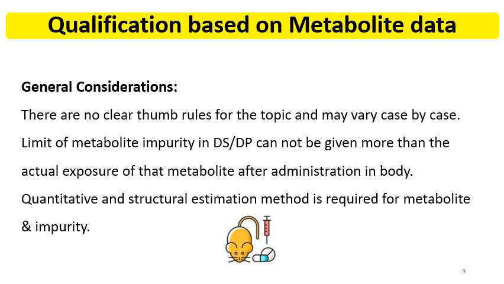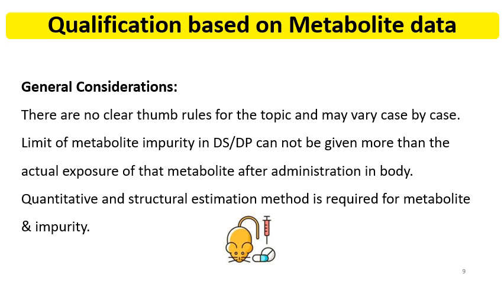Generally, there are no clear thumb rules for the qualification based on metabolite data, and these may vary on a case by case basis. Generally, the limit of metabolite impurity in drug substance and drug product cannot be more than the actual exposure of that metabolite after administration in the body.